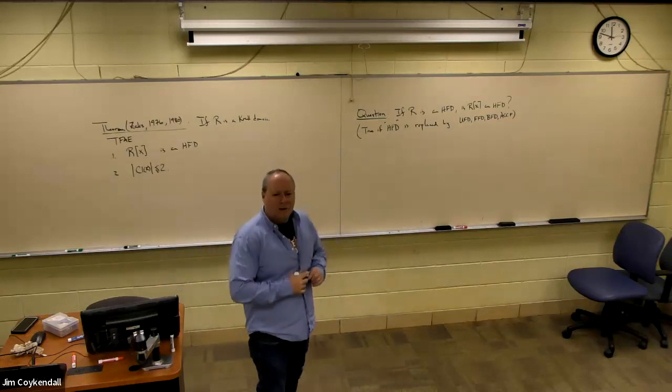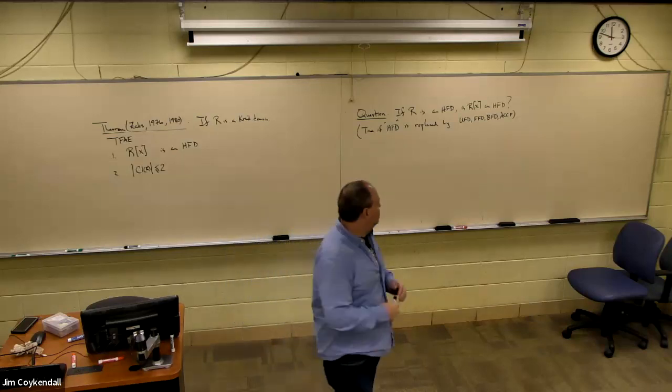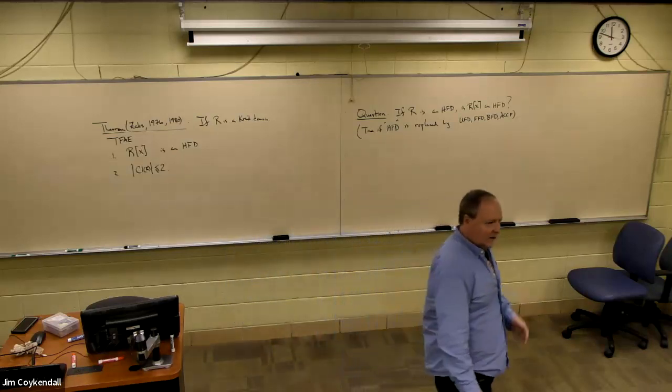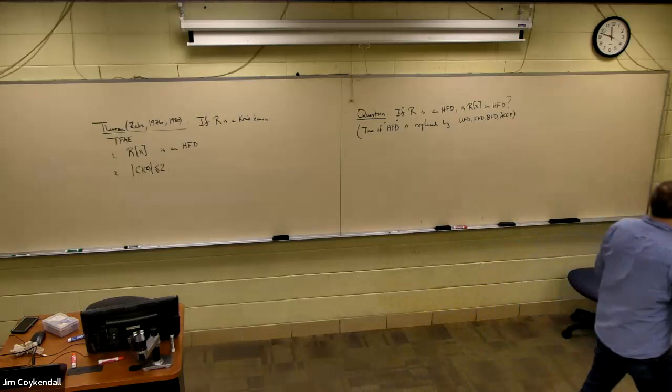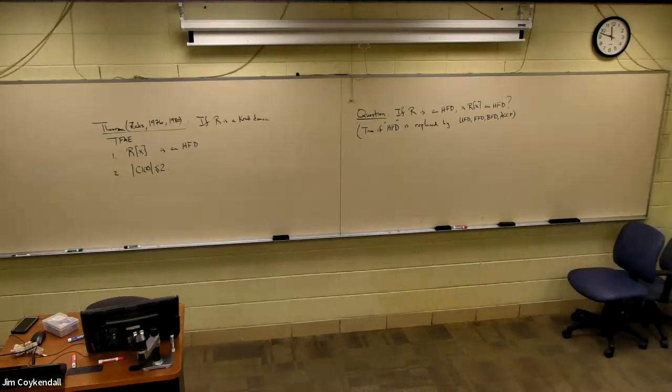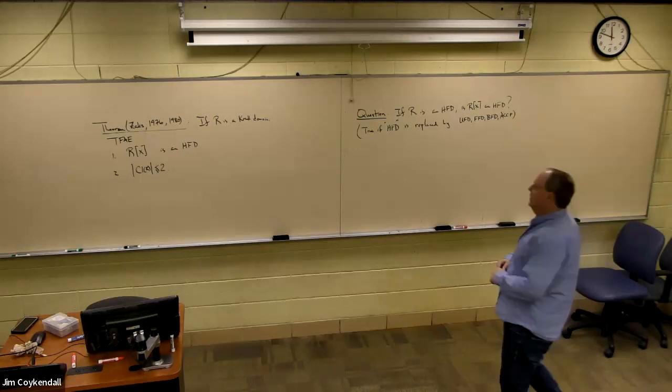It's a curiosity that it's not necessarily true if you replace it with atomic, which is again kind of weird, but it is what it is. But you would think that HFD, being near the top of the food chain, right? I mean, it's pretty strong, you would maybe think it would have this. So let me look at it.